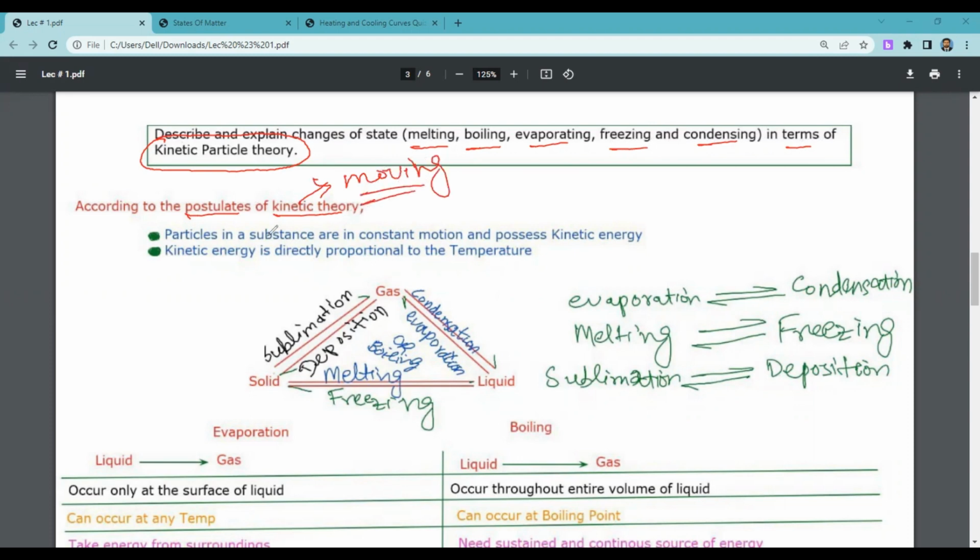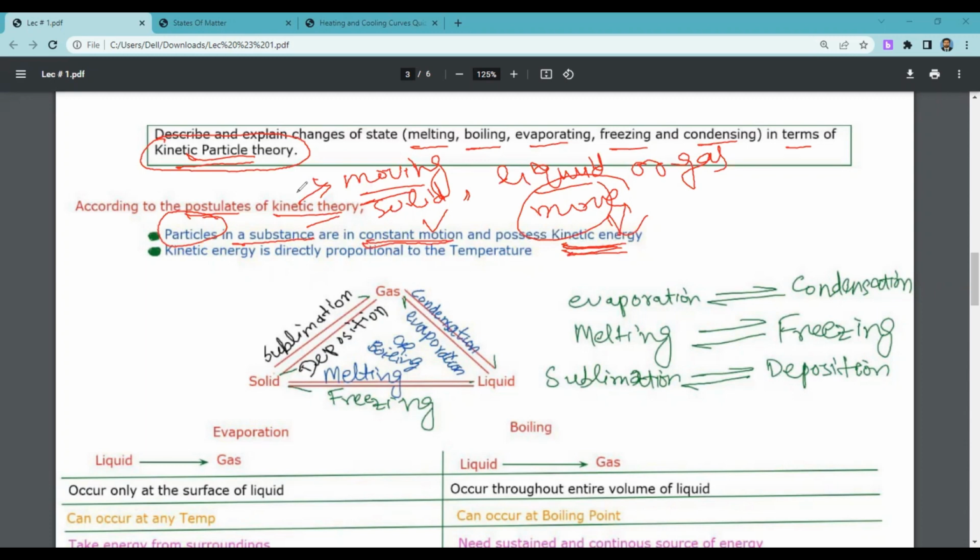This theory says that the particles in a substance, whether the substance is solid, liquid, or gas, are in constant motion. It means that their particles are moving. Therefore, because they are moving, they possess kinetic energy. This is the main postulate of kinetic particle theory.